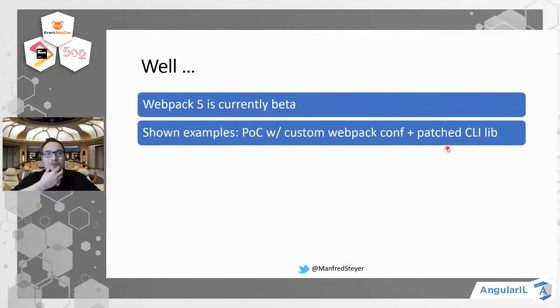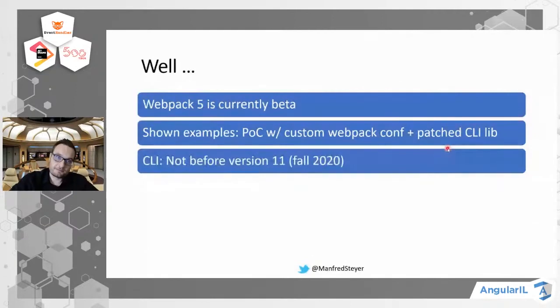And I assume you don't want to use such a CLI version for production. So we need to be a bit patient. It is quite nice for a proof of concept, which is important for enterprise software, which is developed for years. So we need to know what we can get in the next months, but currently it's not production ready.